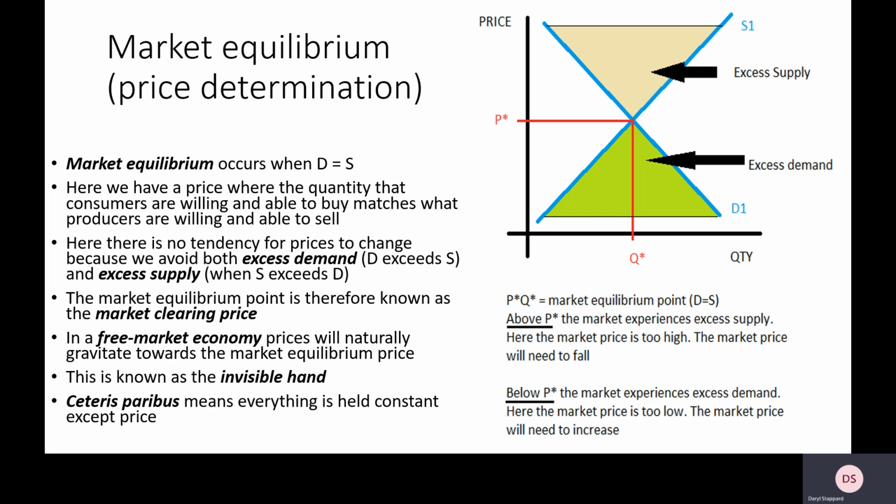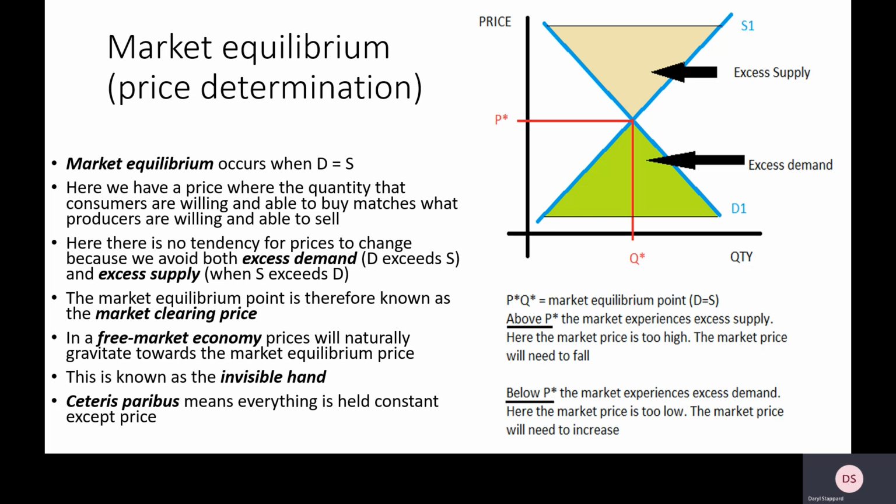Right, now the interesting point on this diagram though is where demand and supply meet each other. So in this diagram you can see with the red lines, demand and supply meet each other at price star, quantity star. Now we've got here a market equilibrium diagram. We determine prices in markets when supply meets demand.